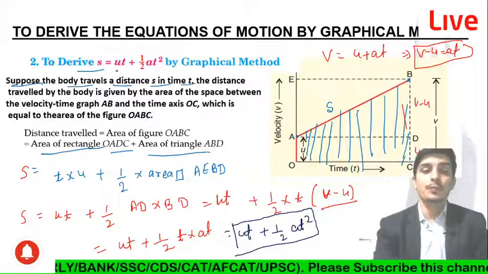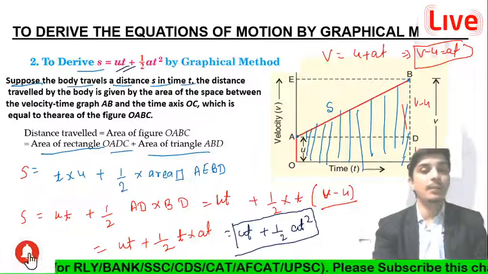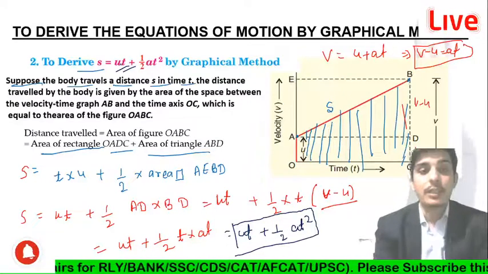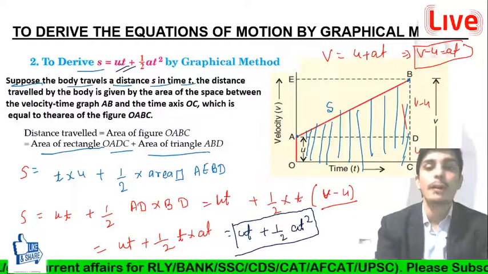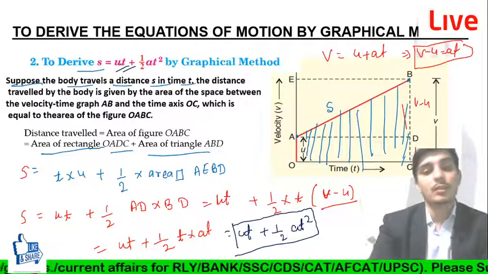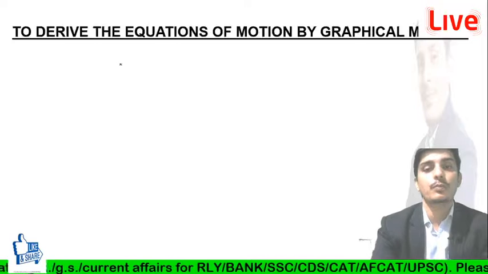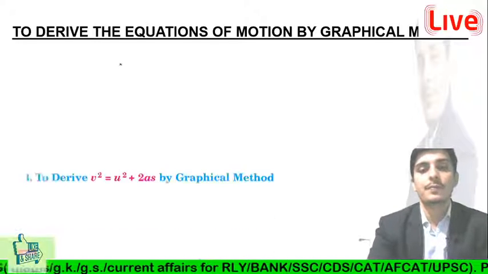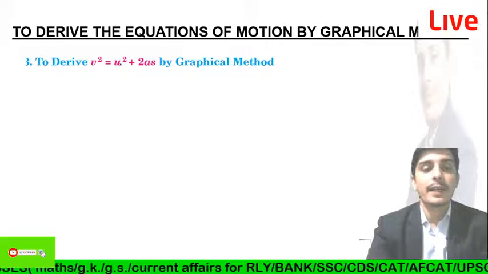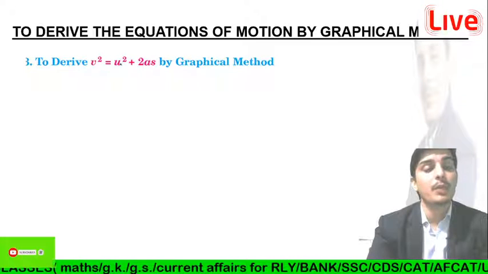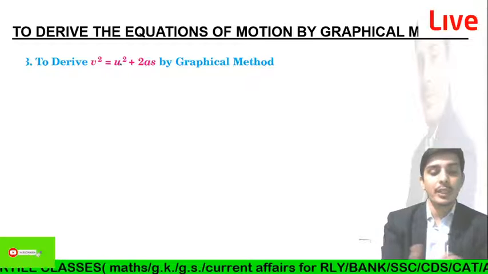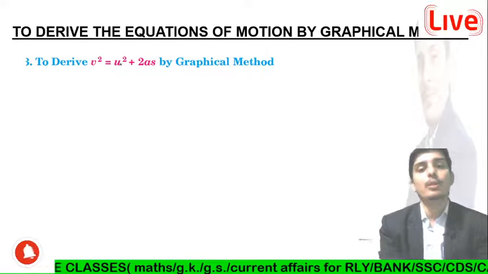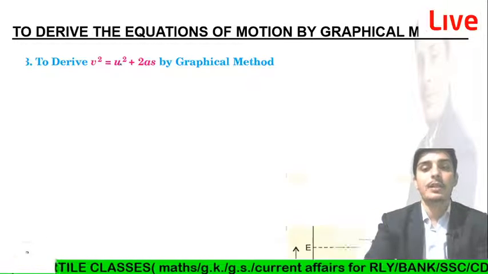So I have derived both equations. Now I am going to derive the third and last equation of motion. The third equation is v square equals u square plus 2as, and we have to derive it by the graphical method.